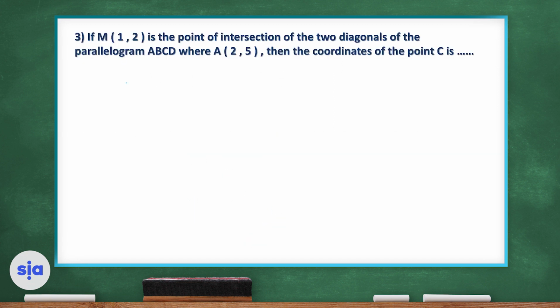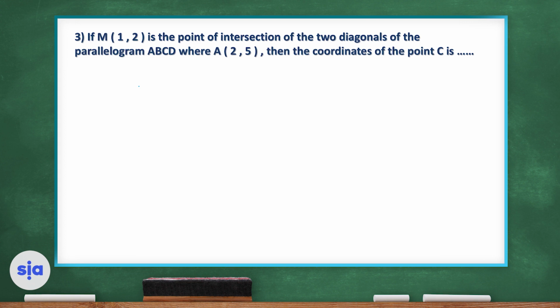Question 3. If M, that has coordinates 1 and 2, is the point of intersection of the 2 diagonals of the parallelogram ABCD, where A has coordinates 2 and 5, then what are the coordinates of point C? For sure, you know that when the 2 diagonals in the parallelogram intersect each other, they bisect each other.